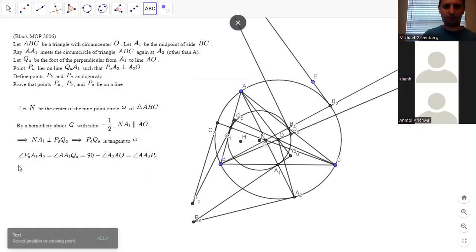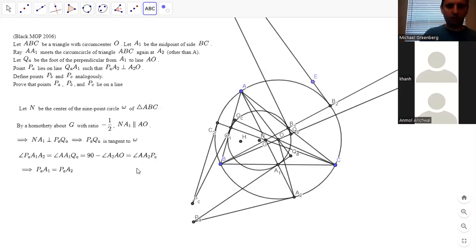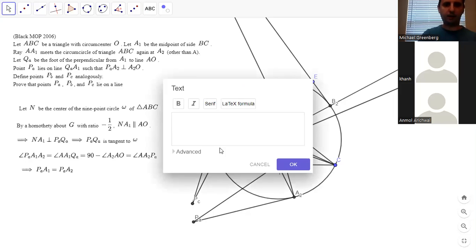So, okay, PA has the same power with respect to those two circles, omega and the circle ABC.